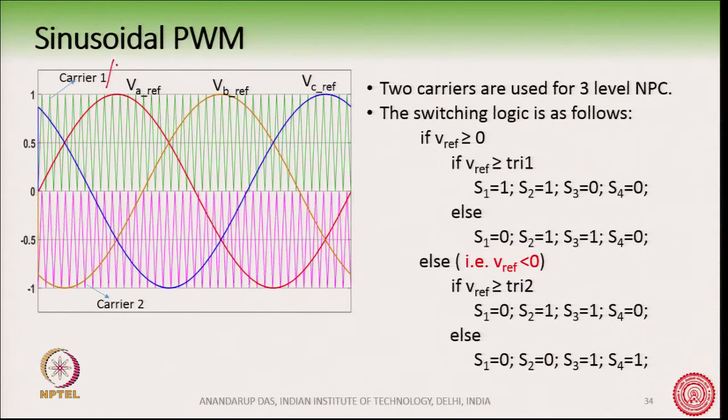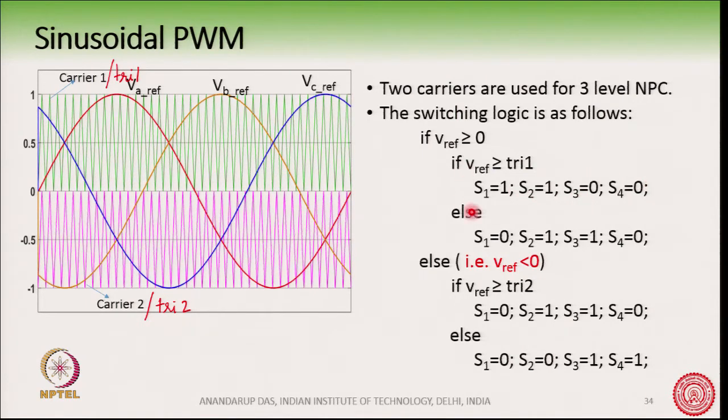Instead of carrier 1, I can also write triangle 1, and here triangle 2. Note that here S1 and S3 are complementary and S2 and S4 are complementary.